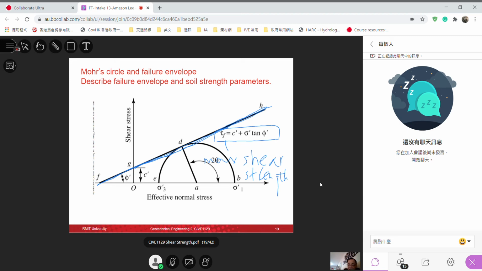Okay. Here is the cohesion, soil cohesion, the cohesion intercept.